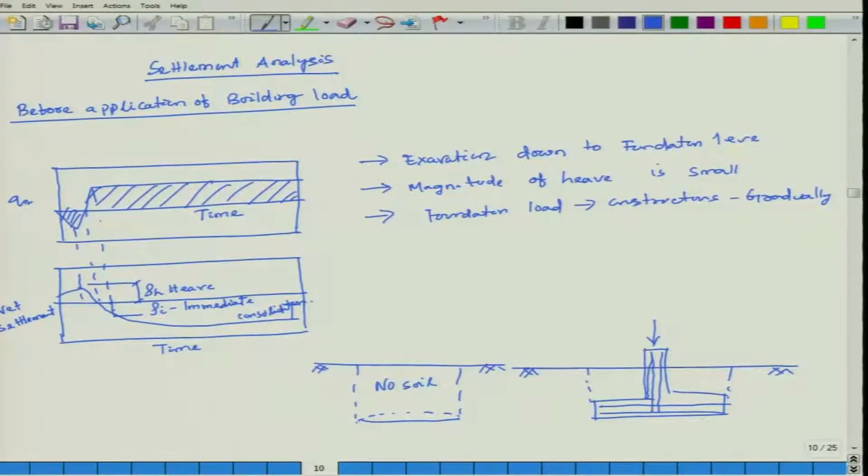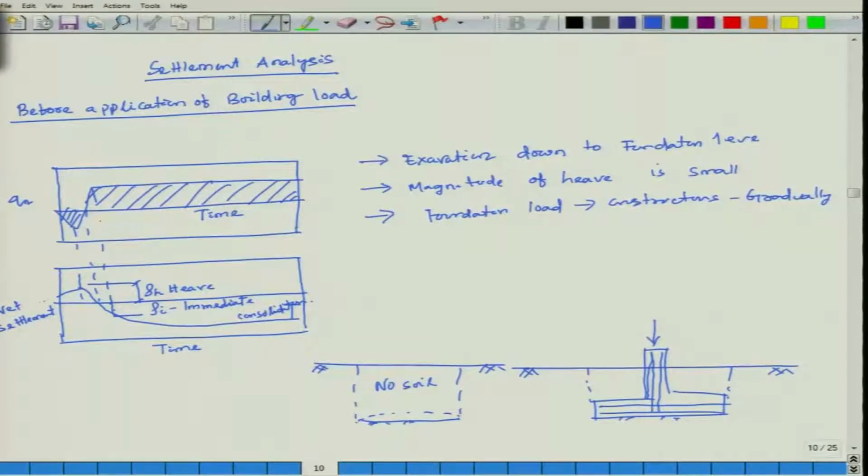This construction is done gradually, so the foundation load comes into picture at this level. Once there is a heave pressure, if you look here, there is a heave pressure, a net intensity.